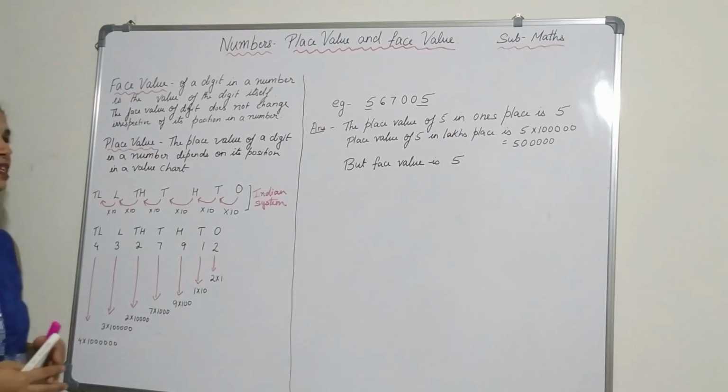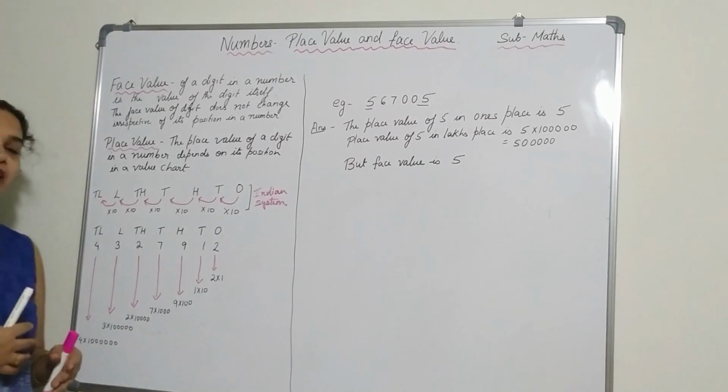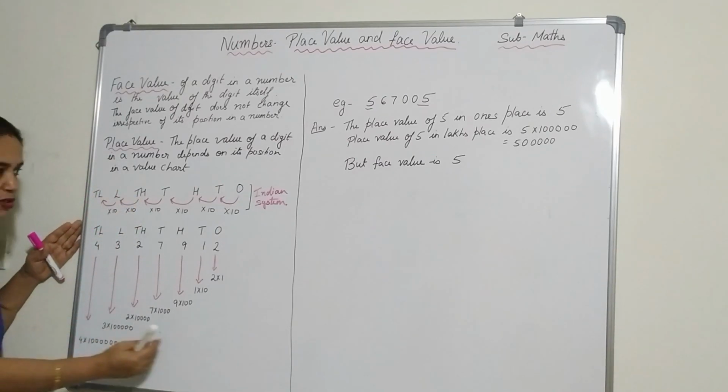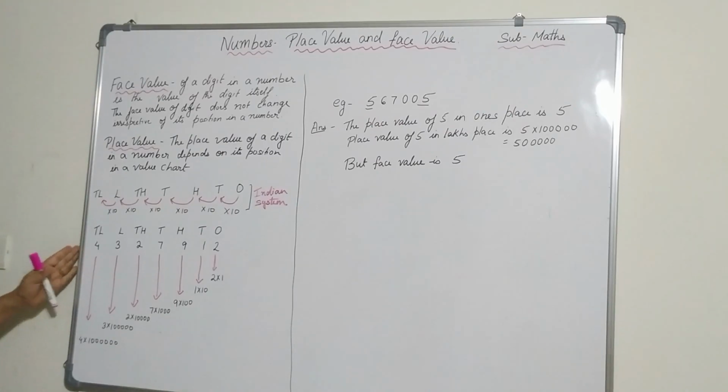So what do you mean by place value? Place value is the value of any digit in a number, and it depends on the position in the value chart. You can see this is the value chart.